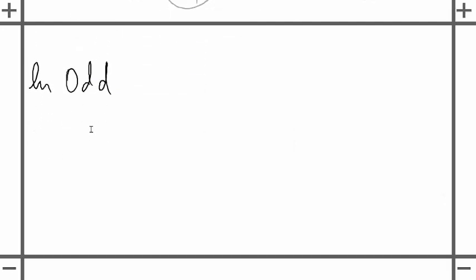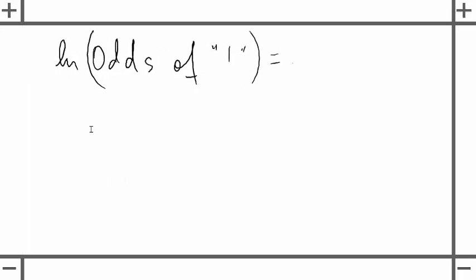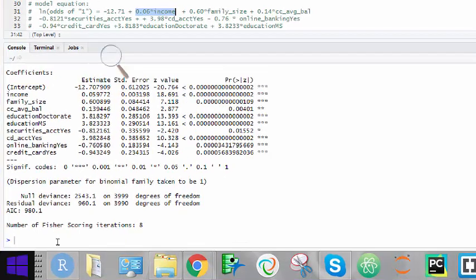natural log of odds of being 1, right, is my equation. So what's my intercept? Come on. Minus 12.71.